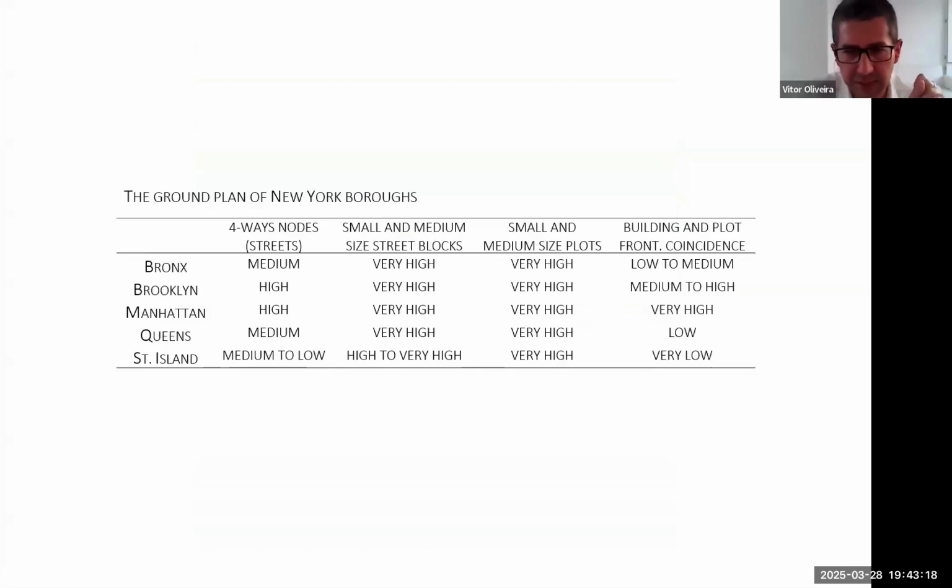For instance, we can say that Manhattan has a very high number of four-way nodes, a very high number of small and medium-sized street blocks and plots, and also a very high coincidence between building and plot frontage. And this characterization is unique. You cannot find it in the other boroughs. And if we looked, for instance, at Staten Island, it would be exactly the same.